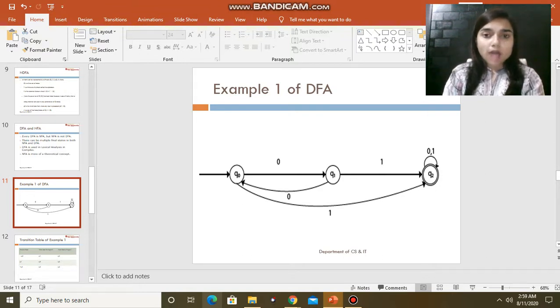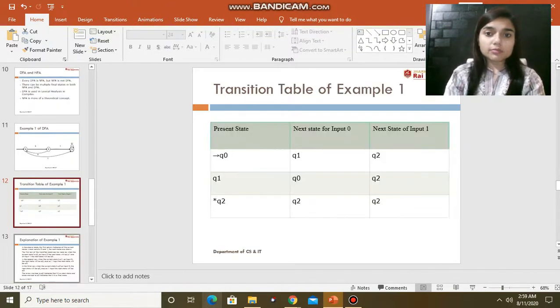If you are asked to draw a transition table from the given transition diagram, how will we draw it? The first column represents the states Q0, Q1 and Q2, and there are two input symbols 0 and 1.